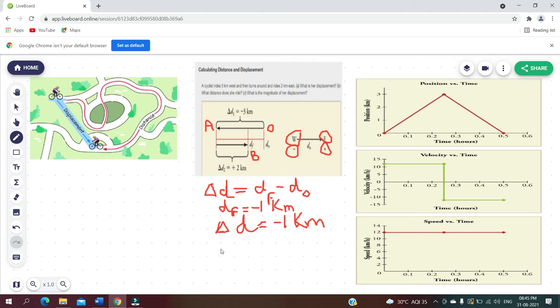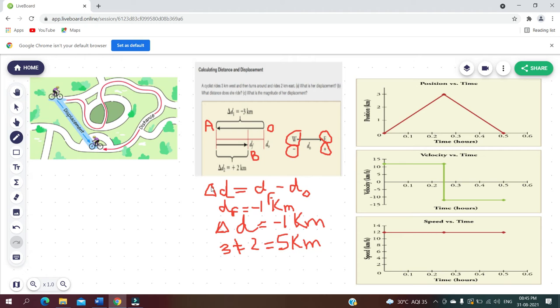So total distance will be equal to 3 plus 2, that is 5 kilometers. So the distance traveled by the cyclist will be equal to 5 kilometers, whereas displacement is minus 1 kilometer or 1 kilometer west.